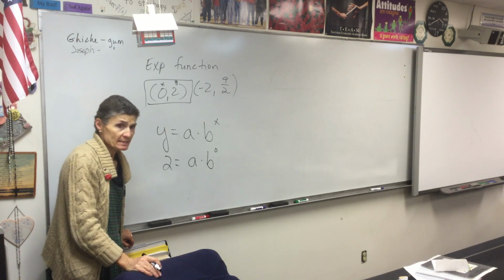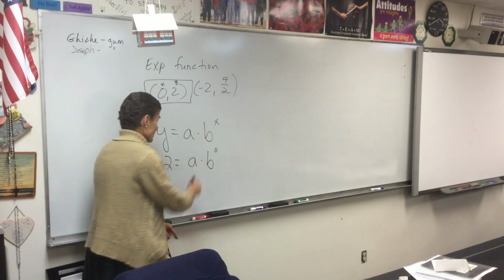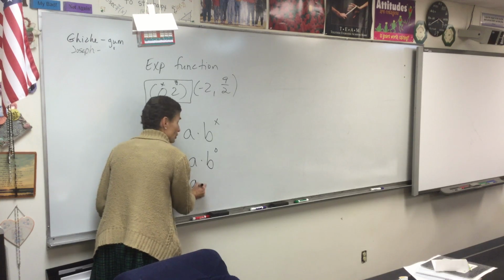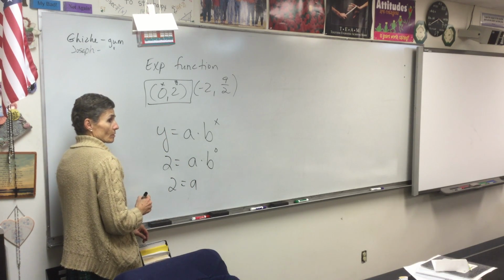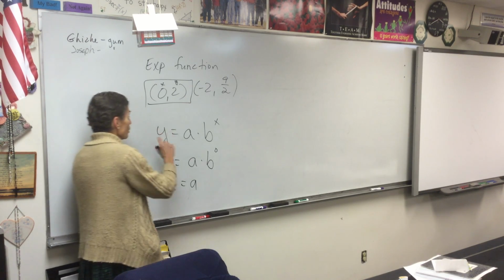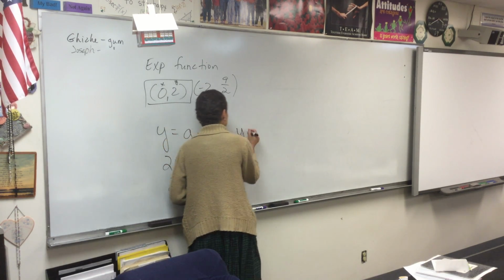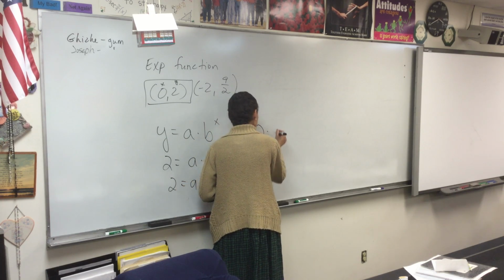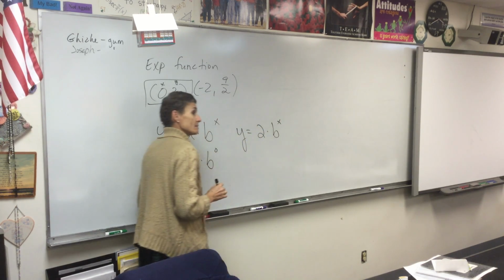If the exponent is 0, that's going to be a 1. Doesn't this say a equals 2? Right from the beginning? Yeah. So I know right from the beginning my equation is y equals 2 times b to the x.